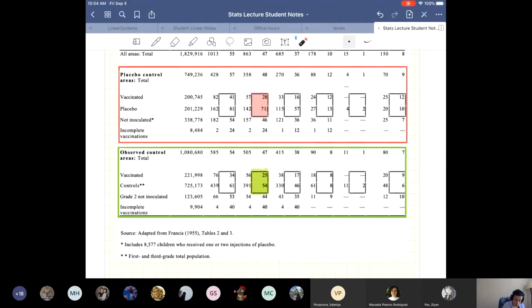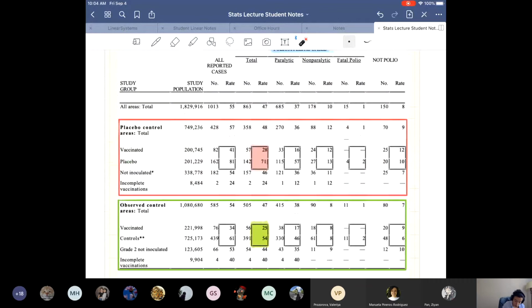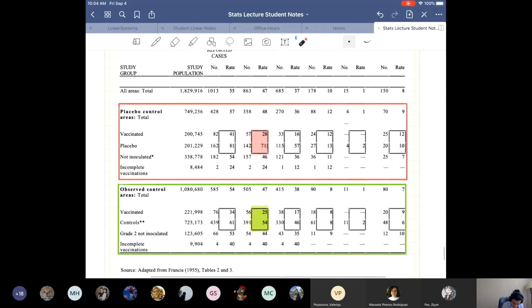Now, one thing that I want to remark upon is the fact that you're looking at a rate here. Okay, so you're not looking at the total number, you're looking at a rate, which means that you have already rescaled with respect to the population. So for example, here, you had a lot more children in first and third grade than children in second grade that gave consent, which means that we don't want to compare the numbers because those are, of course, going to be very different.